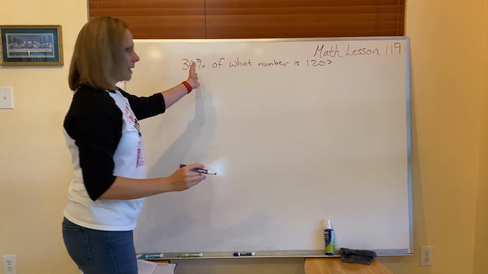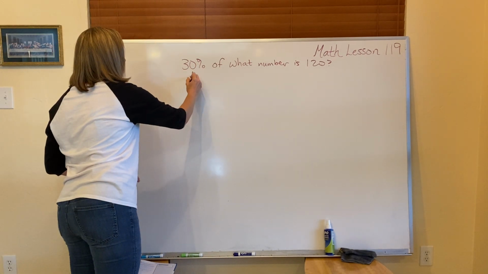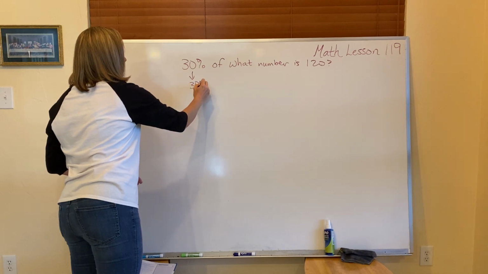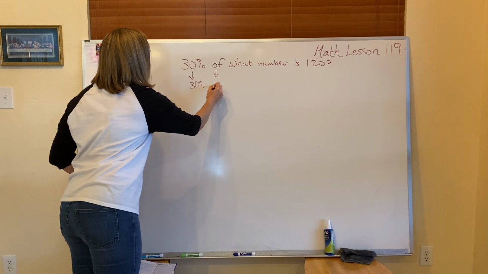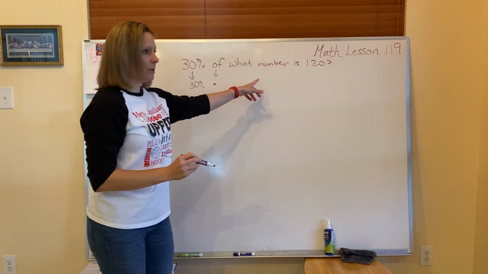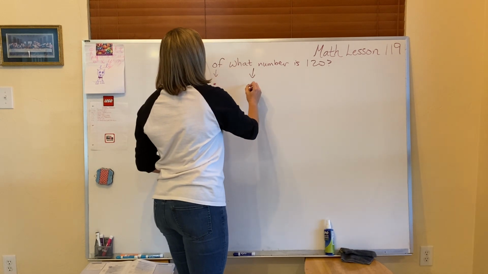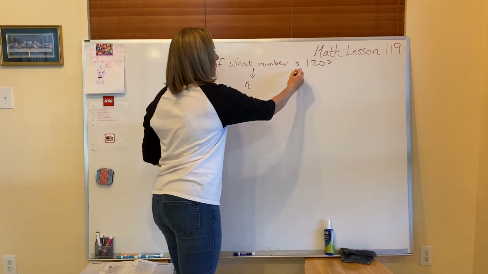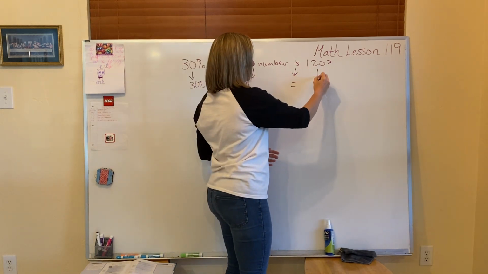So let's translate this now into a math equation. 30%, of is multiplication. What number is our variable. It's what we're looking for. We're solving for this. We can say n. Is means equals 120. We just bring that down.